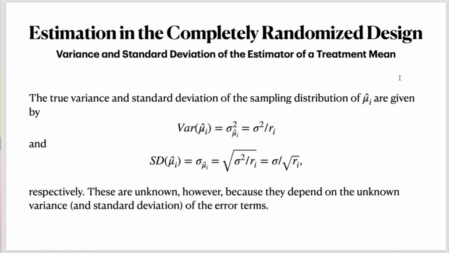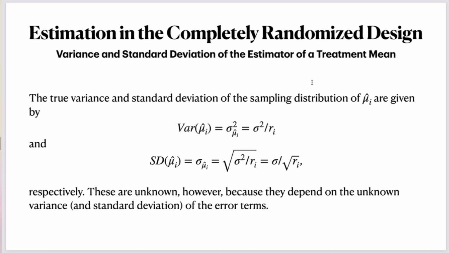In order to go beyond point estimation, we have to understand the variability associated with that point estimate. And so now we're going to look at the variance and the standard deviation of this estimator of the treatment mean.